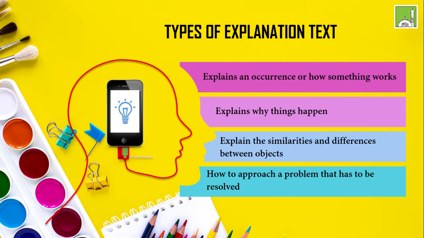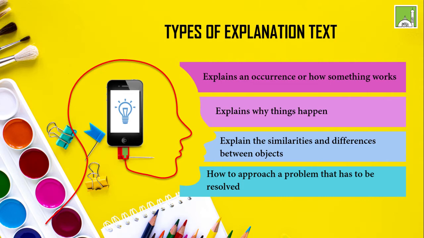Or lastly, you can also use an explanation text that explains how to approach a problem that has to be resolved. For example, how to overcome anxiety, how to handle depression. It is something that you can use explanation text for.